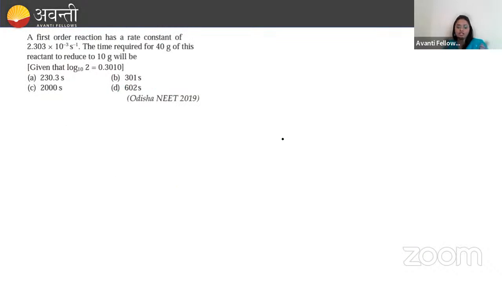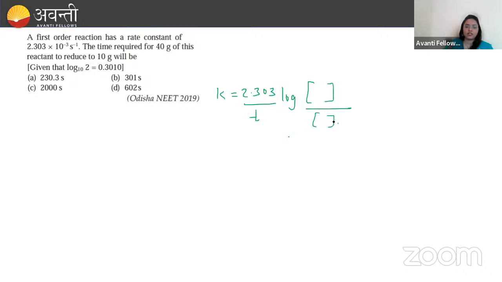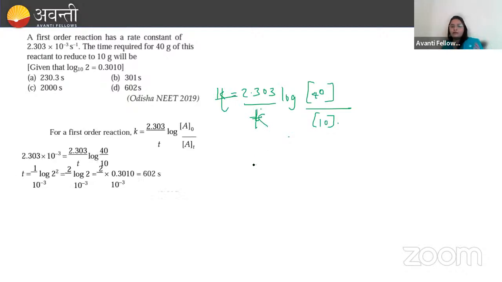Okay. Next, a first order reaction has rate constant of 2.303. Time required for 40 gram of this reactant to reduce to 10 gram will be. तो यहाँ पे हमको टाइम निकालना है, इक्वेशन सेम यूज करना है. K is equal to 2.303 divided by T log to the base 10 of initial concentration divided by final concentration. 40 by 10 कर लो, यहाँ पे 40 by 10. हमको टाइम निकालना है. आपको K दिया हुआ है, ये रीअरेंज कर लो, यहाँ पे K डालो, यहाँ पे T डालो. ओके, सिंपल.